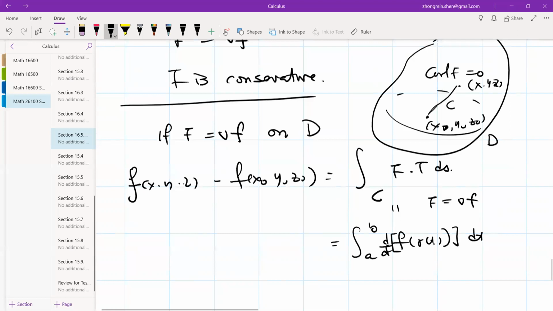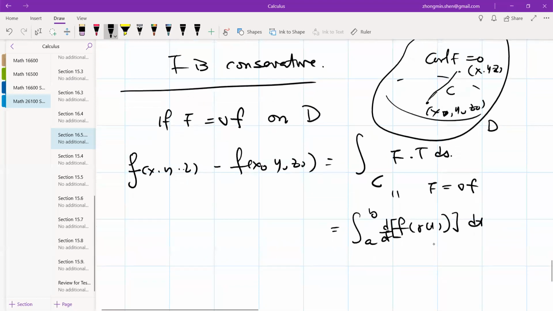But we don't have Green's theorem here, so it's harder to say that. So if we know the curl of F equals 0 and the line integral is independent of the choice of curve C, then we can not only prove F is conservative, we can also construct f by this integral formula.